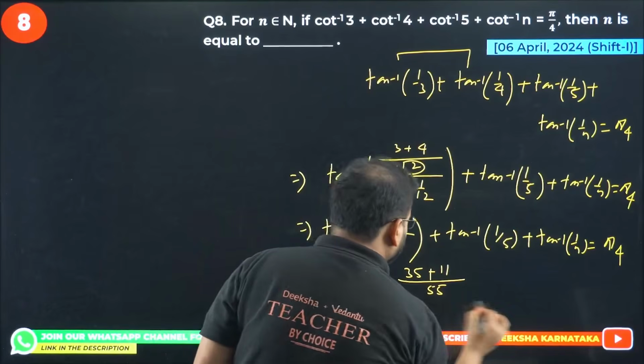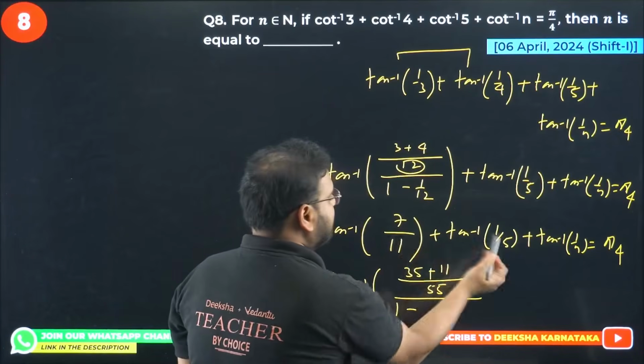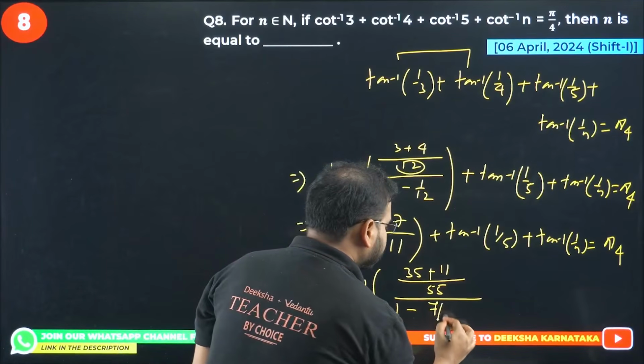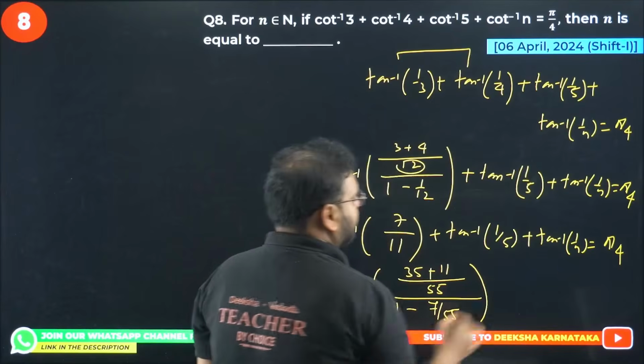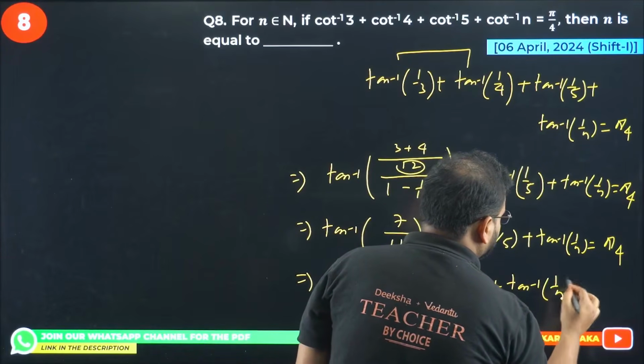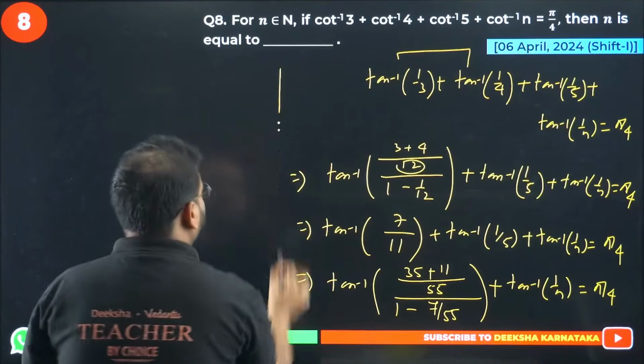This is the numerator part. Check the denominator out. You have to take 1 minus the product. I get 7 by 55. Just a few more steps and we get the question done.